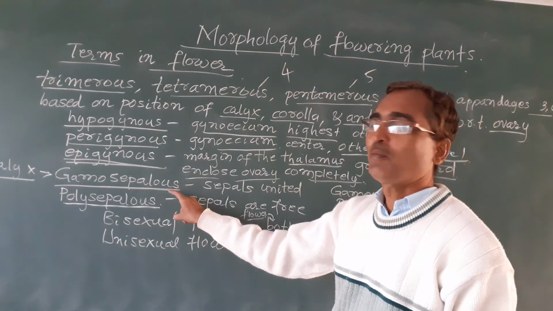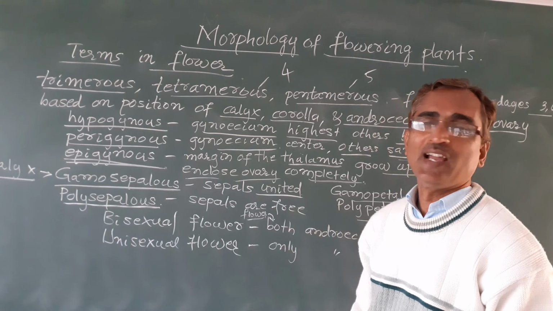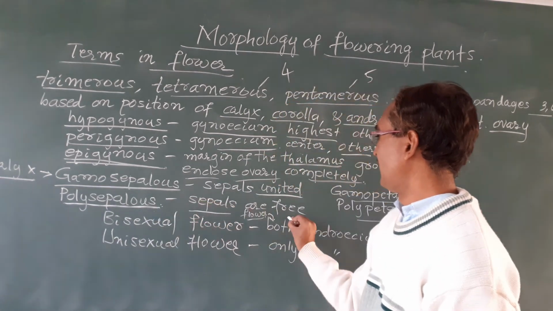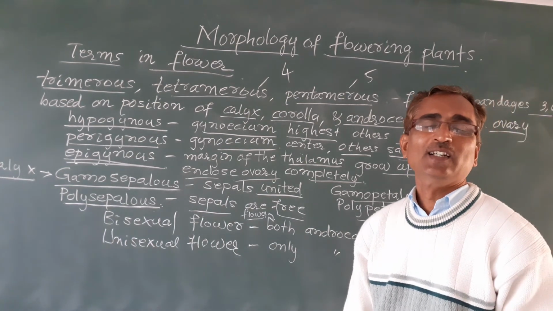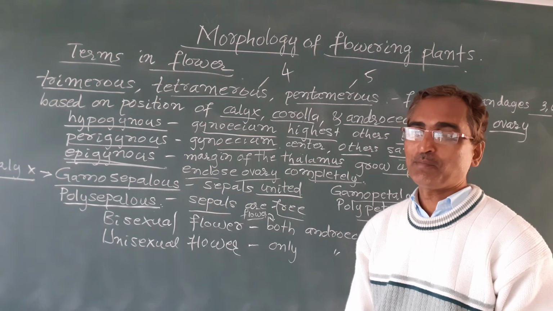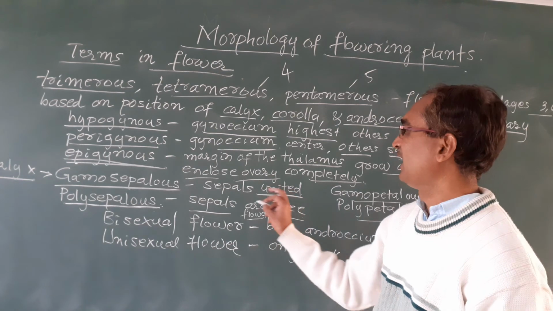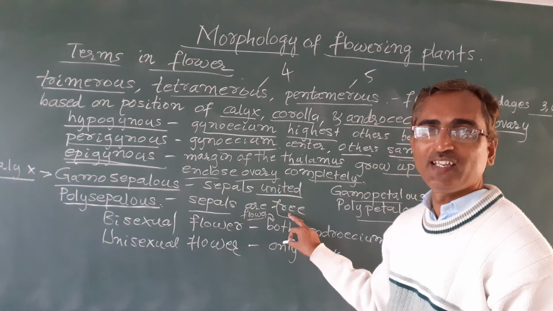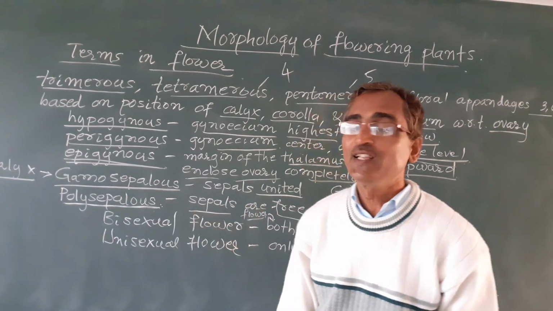The outermost whorl of the flower is the calyx, and the members of the calyx are called sepals. If the sepals are united, they are gamosepalous, and if the sepals are free, the calyx is said to be polysepalous.